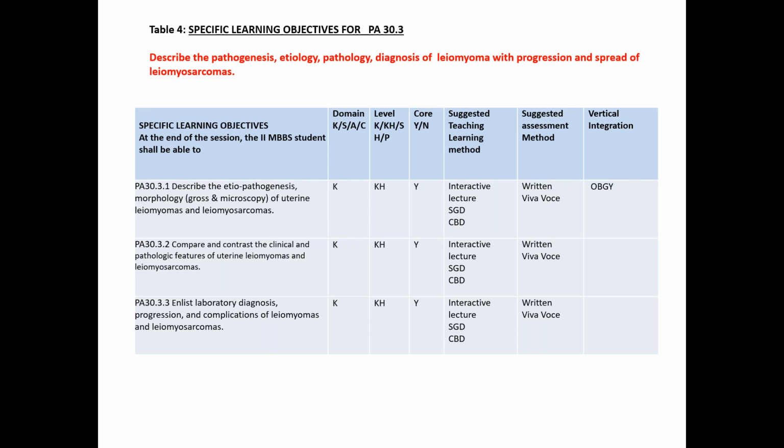Good evening, sir. 33.1 and 33.2, what is the difference in these two lectures? 33.2: describe morphology, gross and microscopy, of leiomyosarcoma, and compare and contrast clinical pathology of uterine leiomyosarcoma.